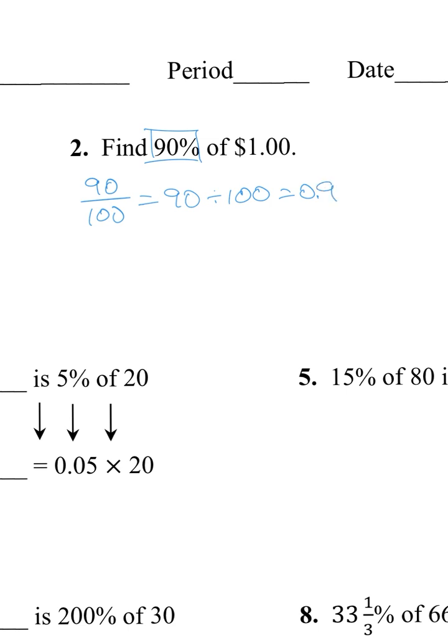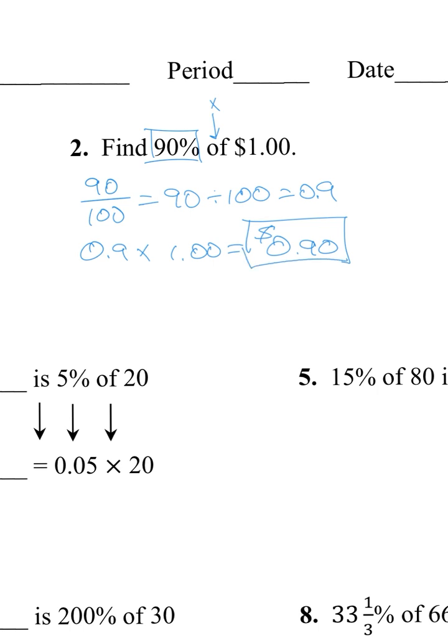Now I'm going to take 0.9, which is the same thing as 90%, of, which means multiply, $1. On your calculators, when you go 0.9 times $1, you should come up with 0.9. Same thing, pop quiz hotshots, is this 9 cents or is this 90 cents? It's 90 cents. And don't forget your label.